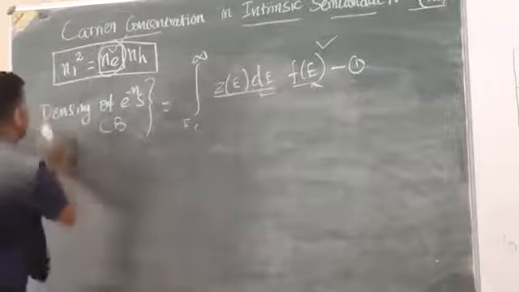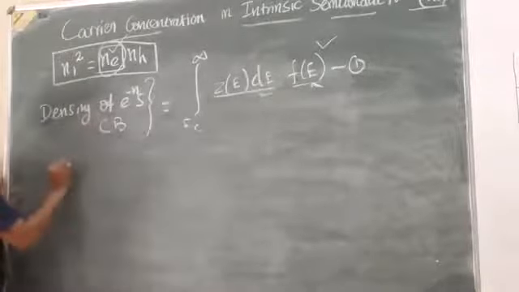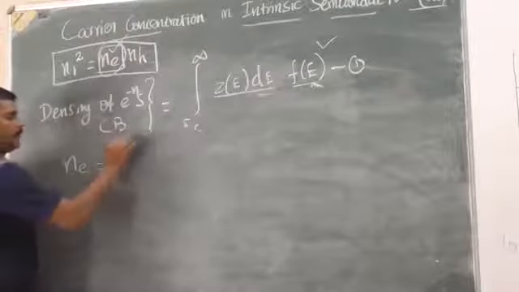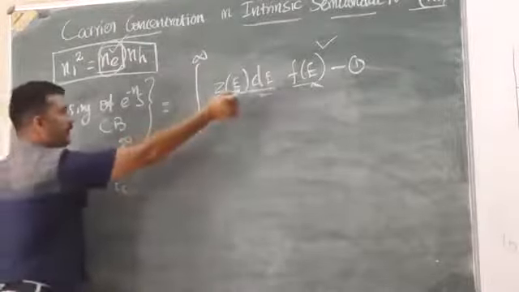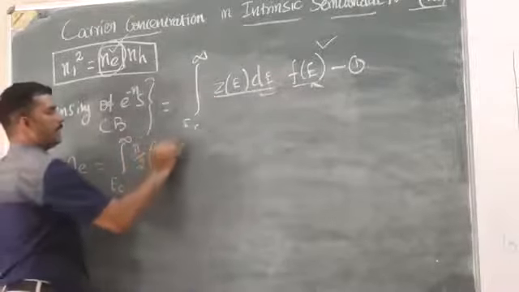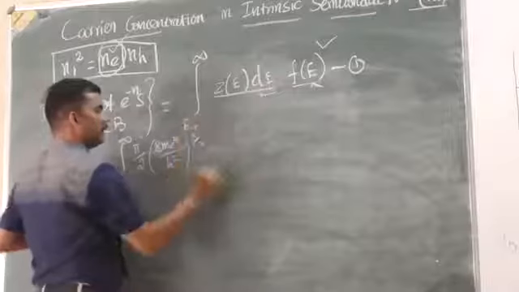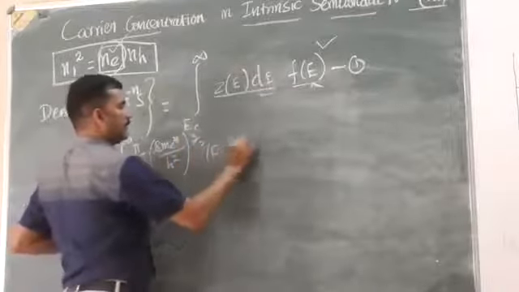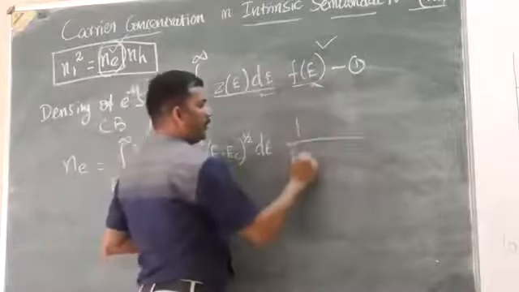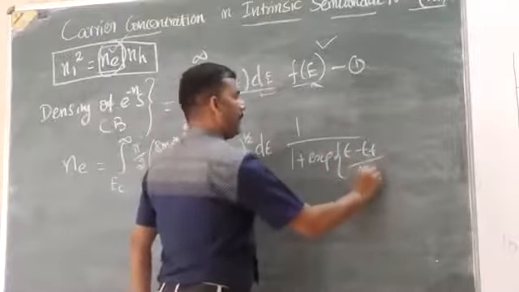So the density of electrons in the conduction band, that is N, is given by integral EC to infinity Z of E dE, which we already know, pi by 2 8 m E star by h squared whole power 3 by 2 into E minus EC power of into dE into f of E, 1 by 1 plus exponential of E minus EF by kBt.